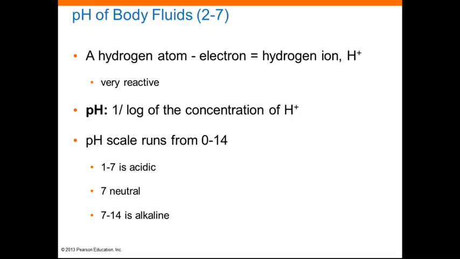So a solution with a very low pH, from 1 to 7, is considered acidic. Okay? And acids have a lot of hydrogen ions, which is why their pH is low. 7 is neutral, and then solutions with a pH above 7, so 7 to 14, are considered alkaline or basic. They have a very low concentration of hydrogen ions in that solution.